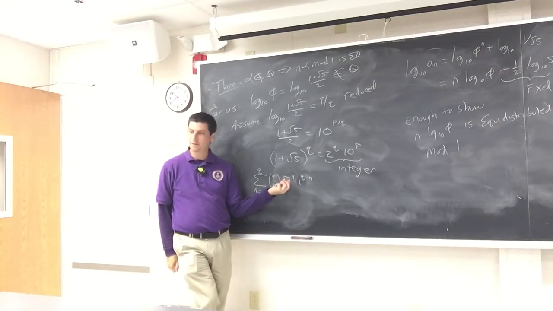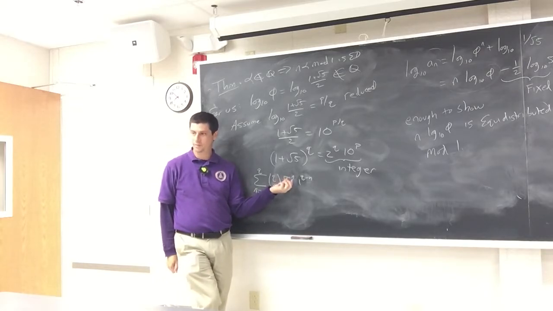Sorry, I was writing q instead of n. Whenever n is an even number, root 5 to the n is an integer. Whenever n is odd, I have root 5 times an integer.